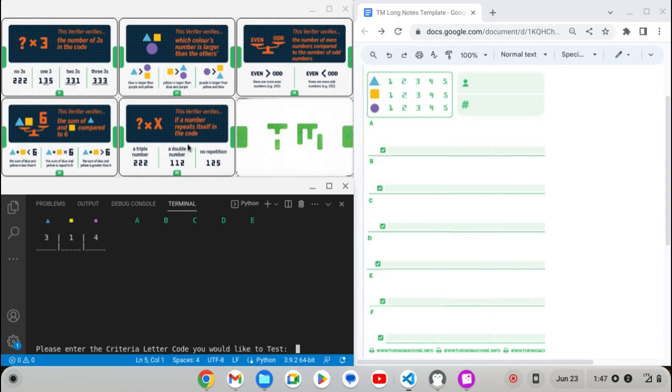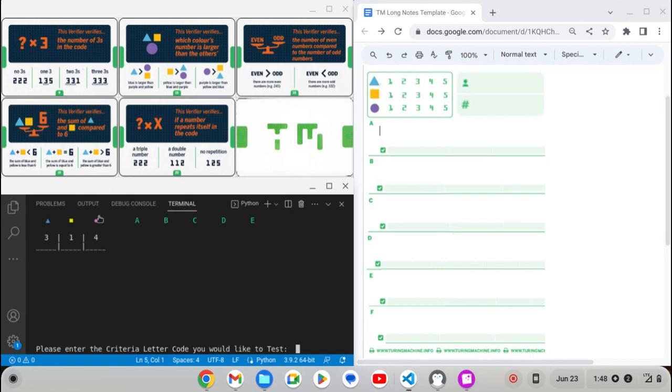It could then otherwise be a double number, meaning that there is a repeating digit in our solution, as in the example 1, 1, 2, or it could even be a triple number, meaning that it's a single digit repeated 3 times, as in the example 2, 2, 2. Remember, the objective of the puzzle is to find this one unique solution that abides by all of the criteria cards that we just described.